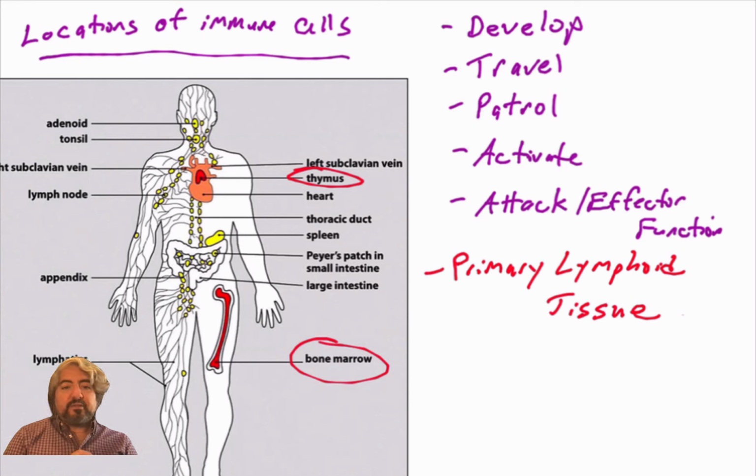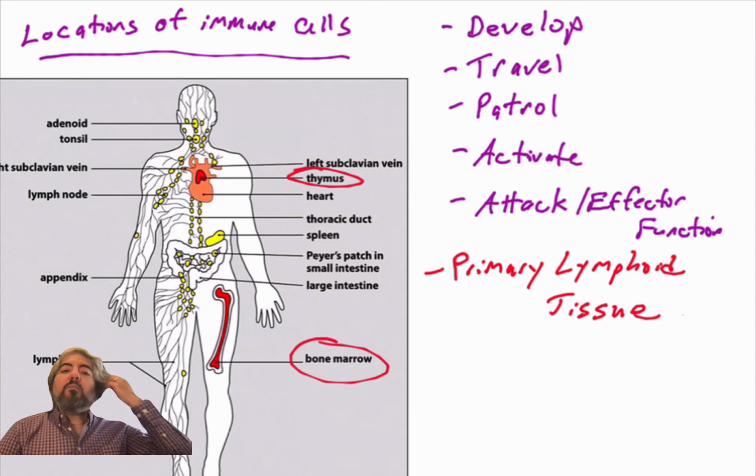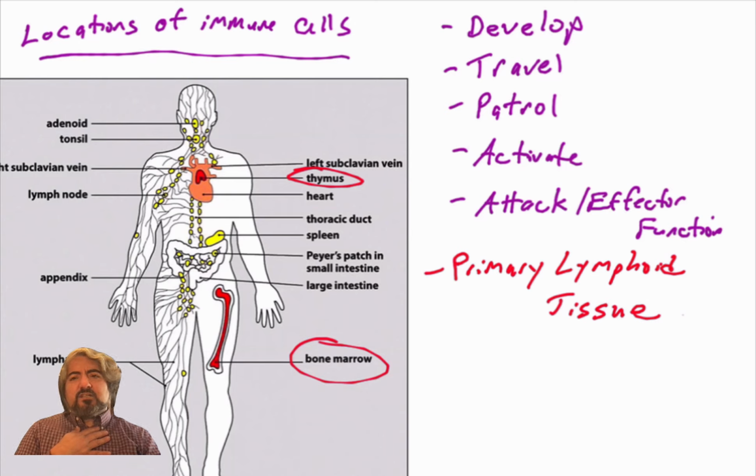We introduced the concept of red bone marrow that you find in many of your long bones, areas that have spongy bone. This is called primary lymphoid tissue. That's where we find our stem cells, in our red bone marrow. We're also going to refer to the thymus, which is a gland in your chest, as primary lymphoid tissue.